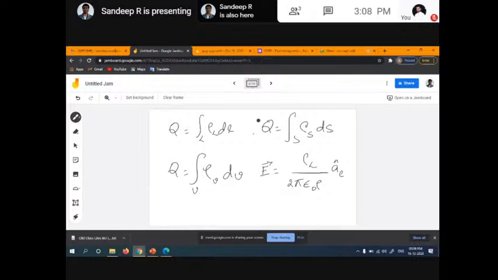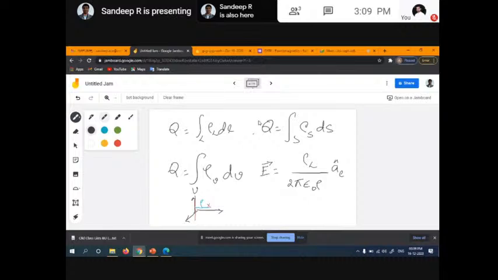Suppose these are the three axes, and I have the line charge along the z-axis and my point of interest is this particular point. Then I draw a perpendicular from the line charge to the point of interest, and this becomes rho, the distance between the line charge and the point of interest.